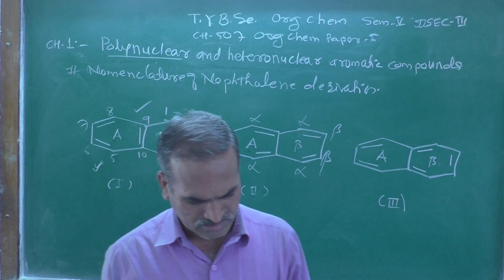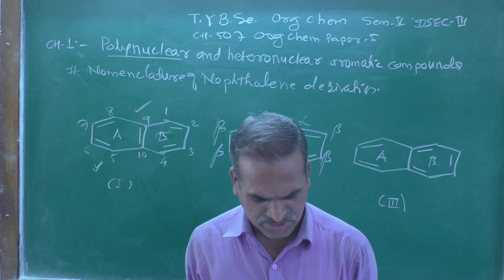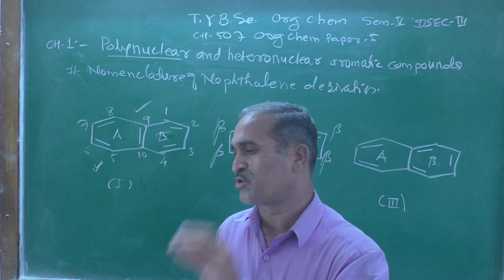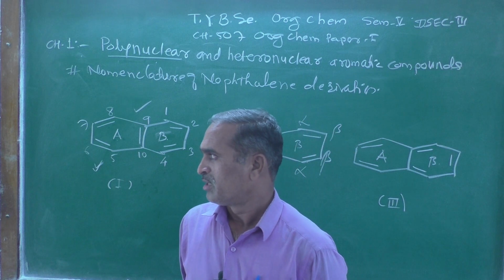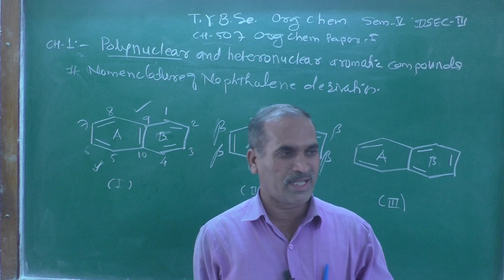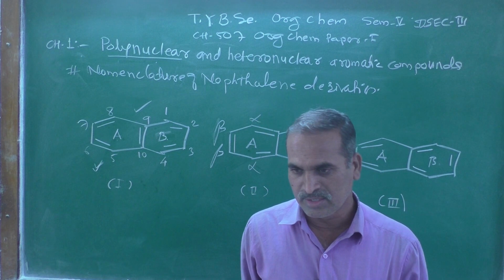Or naphthalene can be represented by three resonance forms. These are the resonance forms. As we know, a resonance form is nothing but a hypothetical form, because the pi electrons are not localized, they are delocalized.